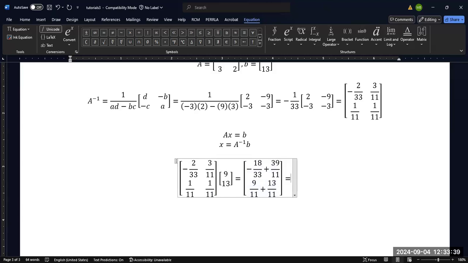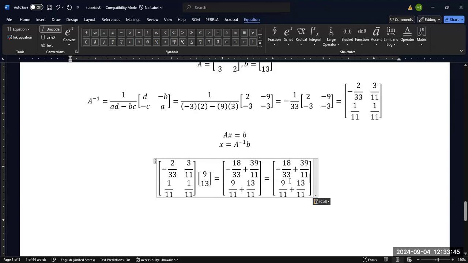And when we simplify this, we can cancel out a 3 here. So that'll get us 6 over 11, which is a little easier than making 39 3 times bigger.